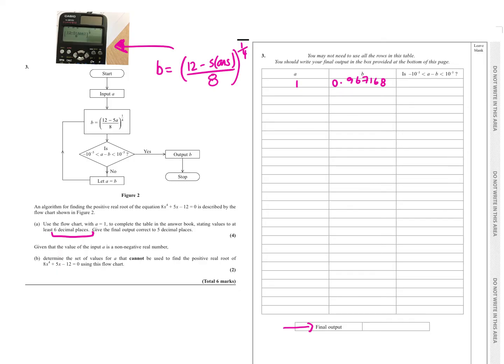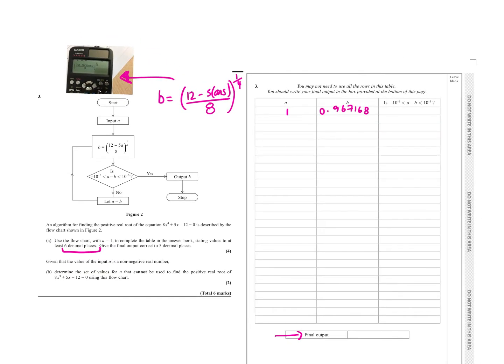So I know that this is saying minus 10 to the minus 5 is minus 0.12341. Yeah? Less than A minus B. Less than, and then what is this now?